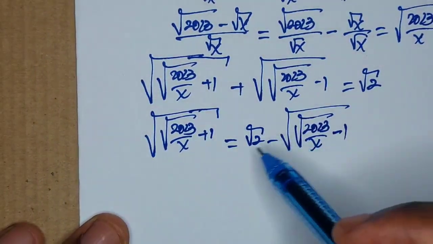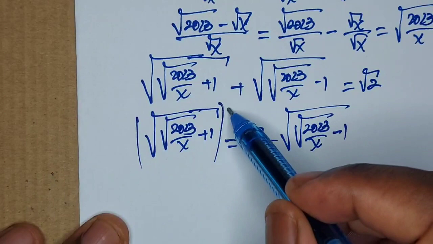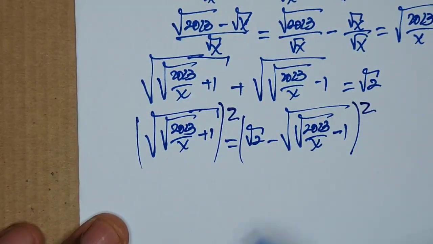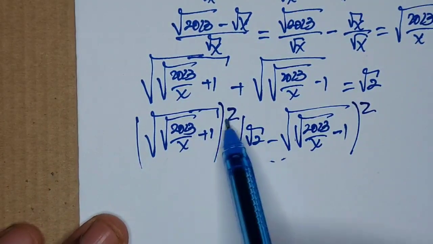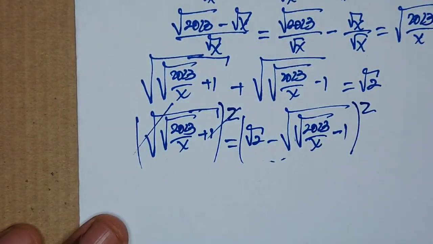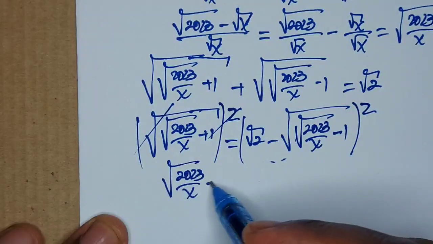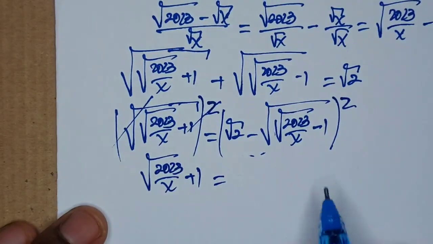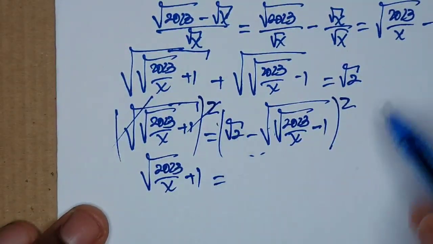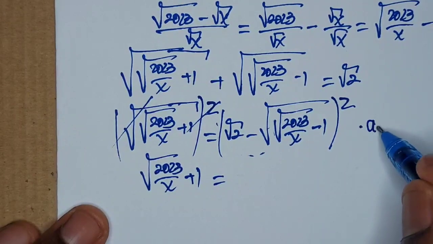Okay, so now I'm going to square both sides of the equation. So this is squared and this is squared. In here, first of all, we'll cancel this, and we will only be left with the square root of 2023 over x plus 1, and this would be equal to this one squared. We have in this case a minus b squared, right?